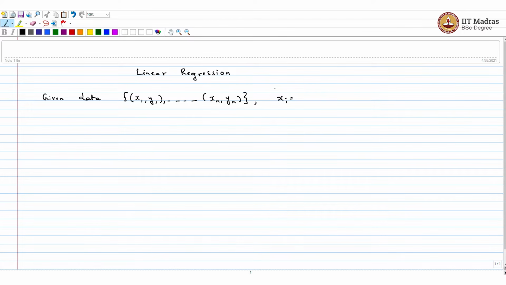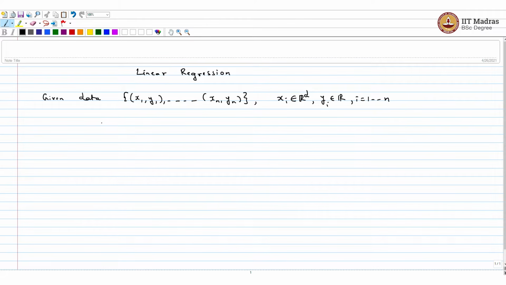Each of the xi belongs to the d-dimensional Euclidean space, and yi is a real valued number, for i equals 1 to n.